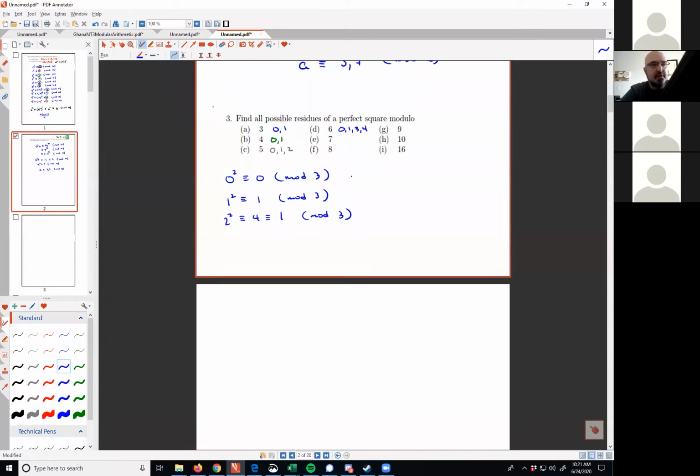How about modulo 7? 5 possible residues. Modulo 7 residues of perfect squares.